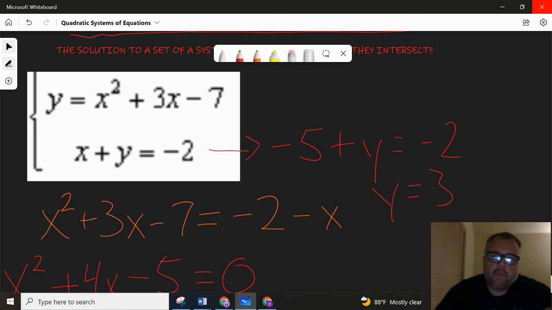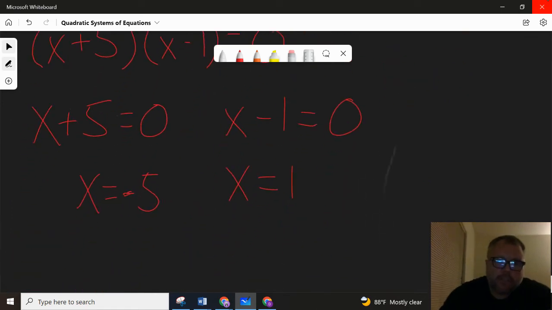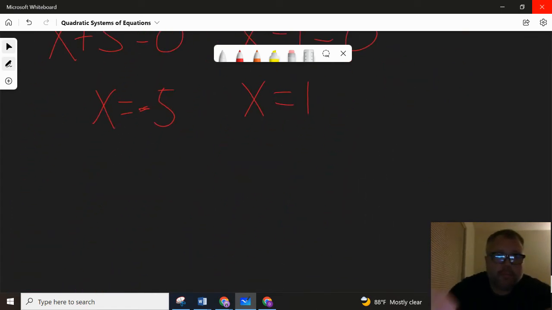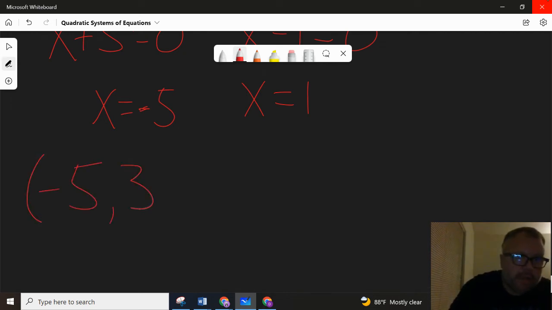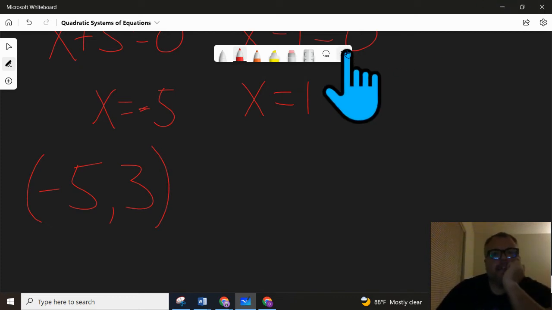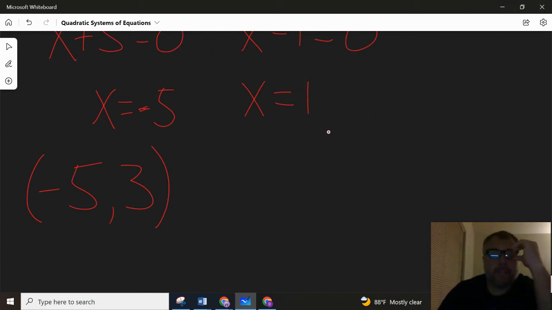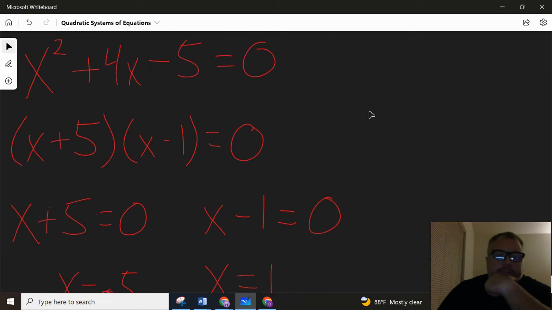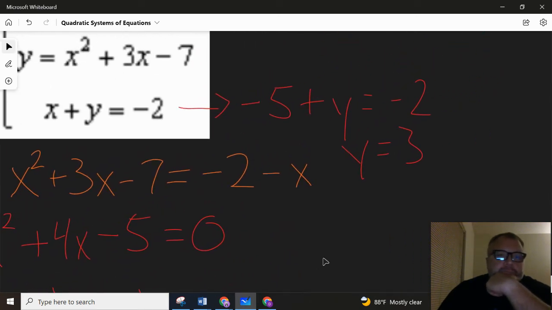So in any event, we know these two functions share the coordinate point, so that's one answer. When x is negative 5, then y equals 3, right? Okay, so that's one intersection. Okay, so now I have this x equals 1 here. So let's put that in, right?